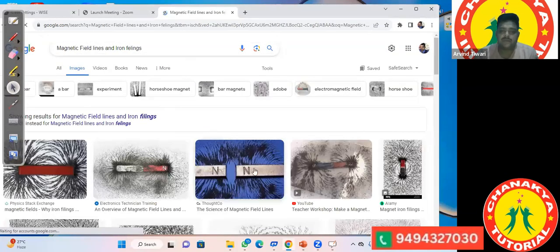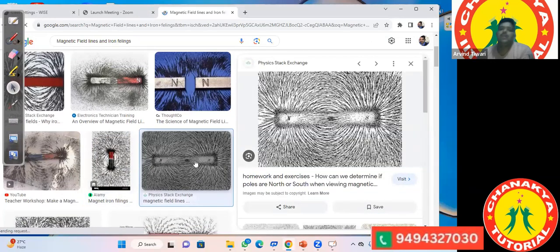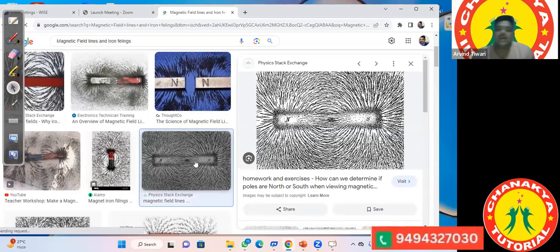If you try out this experiment, you will find something like this. You will see the alignment of the iron filings like this.